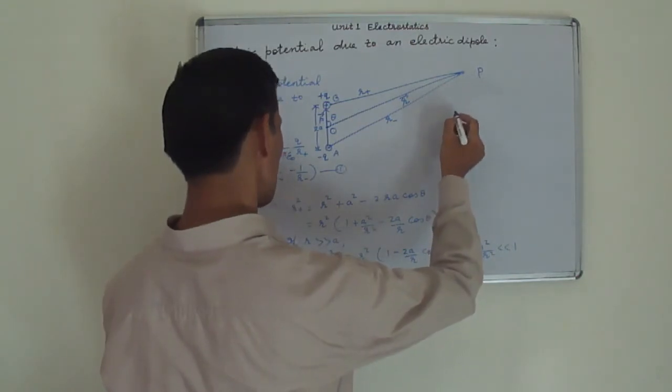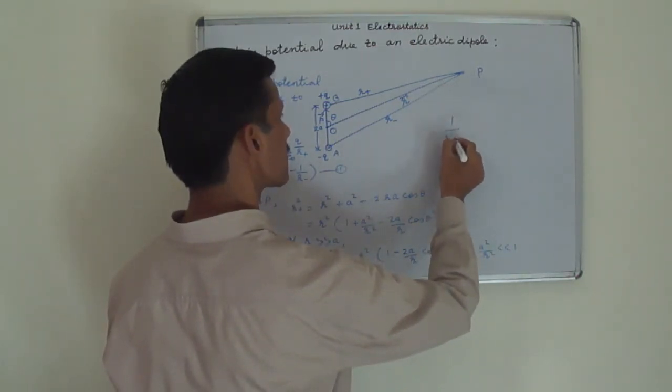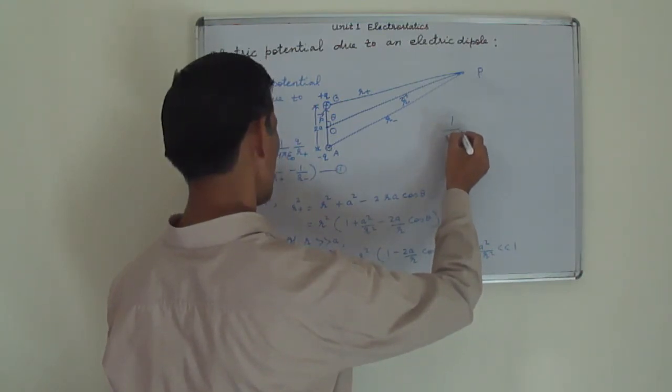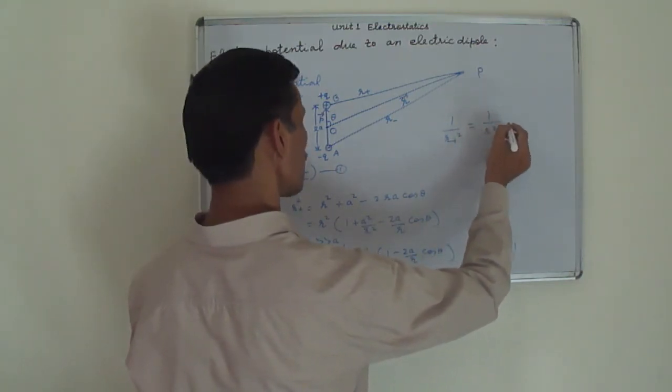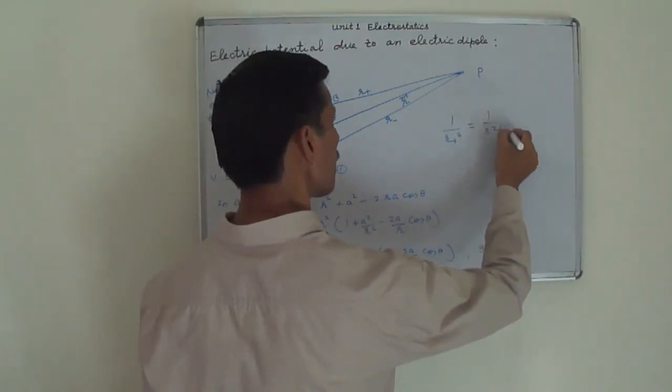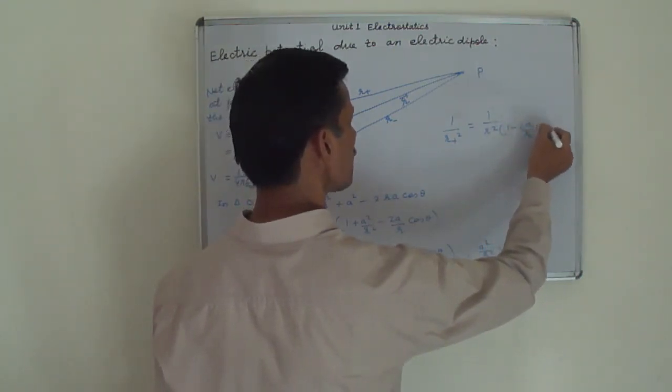Now you can find out 1 upon r plus square is equal to 1 upon r square, 1 minus 2a upon r cos theta.